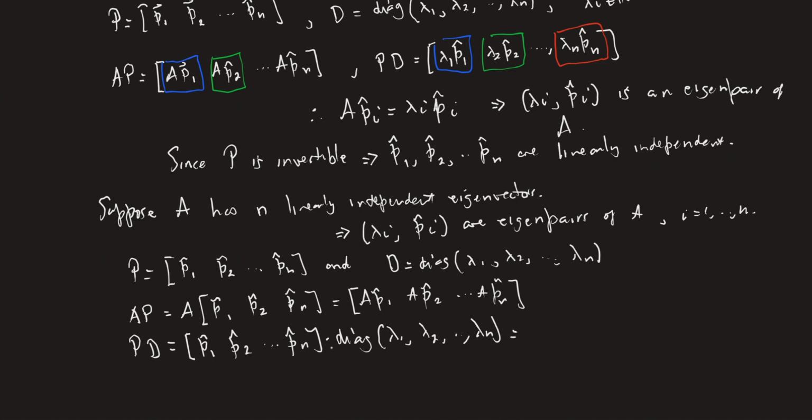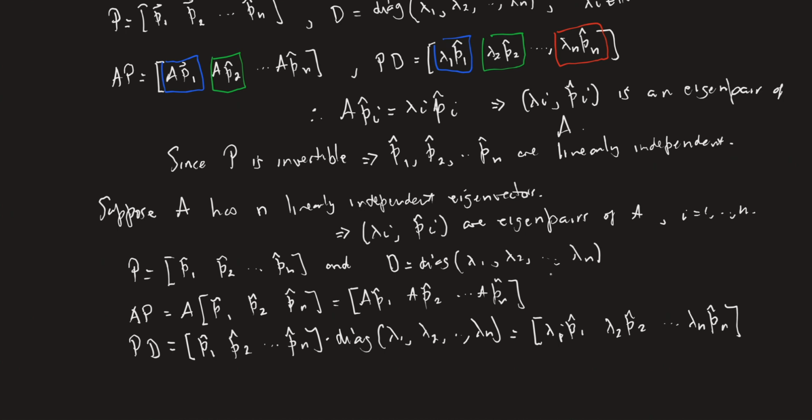And again, we know that these scalars will multiply the corresponding columns. So we end up having lambda 1 times P1, lambda 2 times P2, dot dot dot, lambda n times Pn.